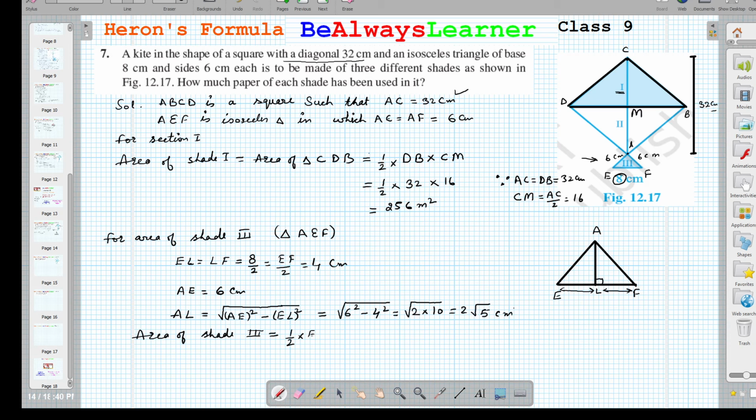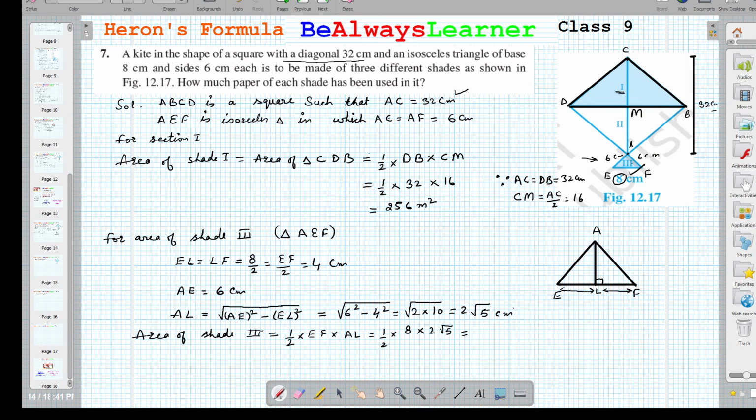So base is EF, and height is AL. EF is nothing but the 8 centimeter, into AL. AL is the height, that is 2 into under root 5.